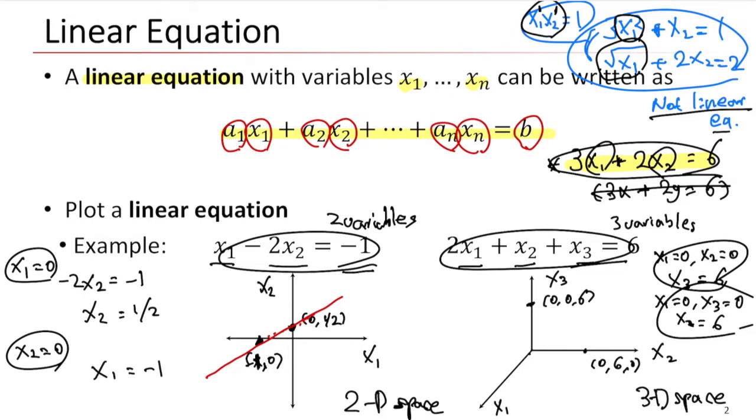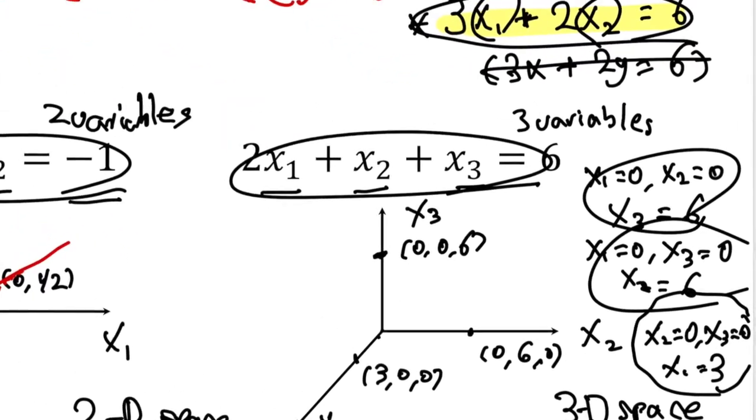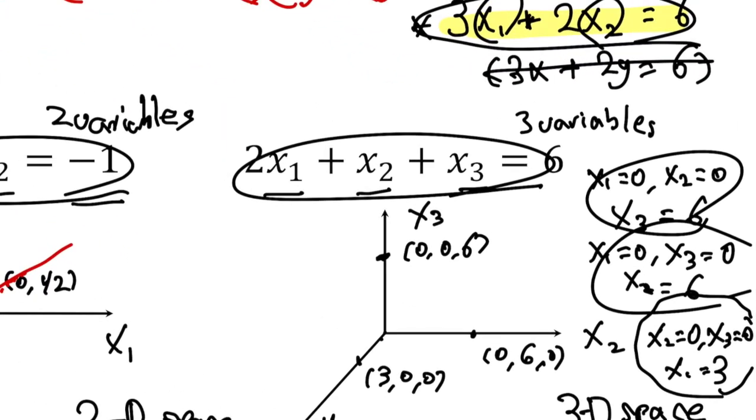One more point: when x2 is equal to 0 and x3 equal to 0, x1 should be what? 3, right? So this point will be here, 3, 0, 0. And there will be other possible points in here, like this.